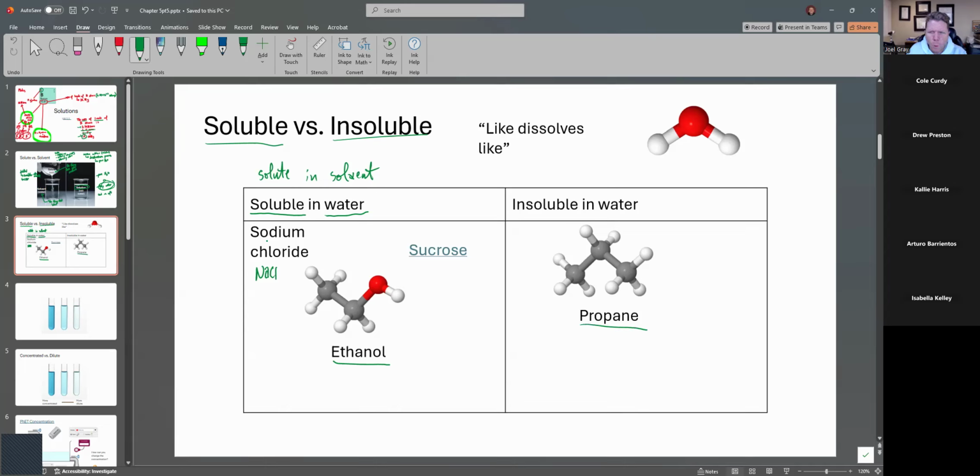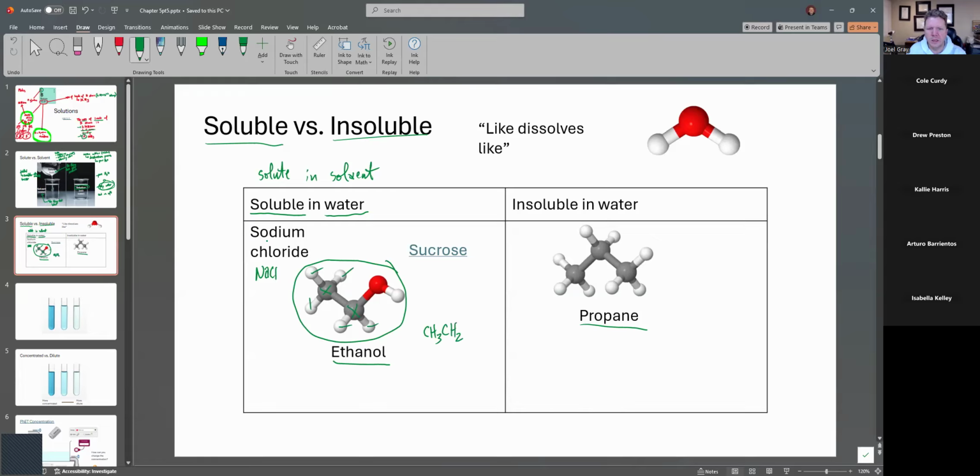Now, what I want you to take away from this are these two formulas, these two compounds. This one on the left is ethanol. Ethanol looks like this: CH3, this is the CHHH, here's the next CHH.